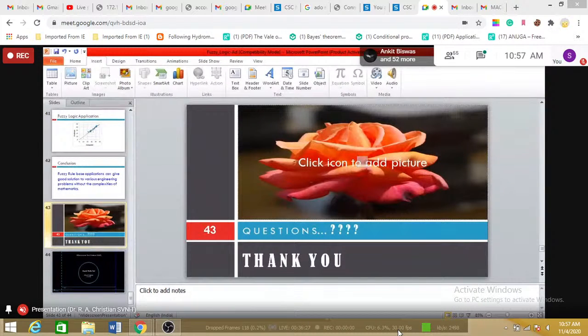Structural people do a lot of analysis to assess the risk of the structure. So there are risk assessment technologies using fuzzy logic, another area where fuzzy logic can be very effectively applied.